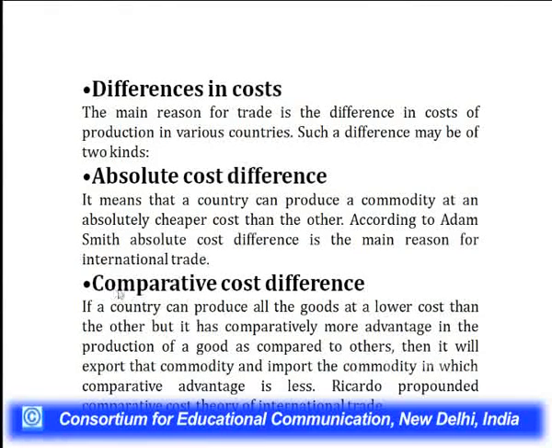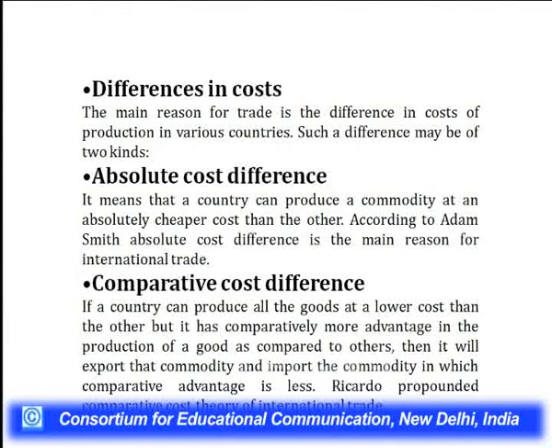Another is the comparative cost difference. This was given by Ricardo. According to this, suppose a country can produce all the commodities at an absolute advantage, and the other country can produce all the commodities at absolute disadvantage.